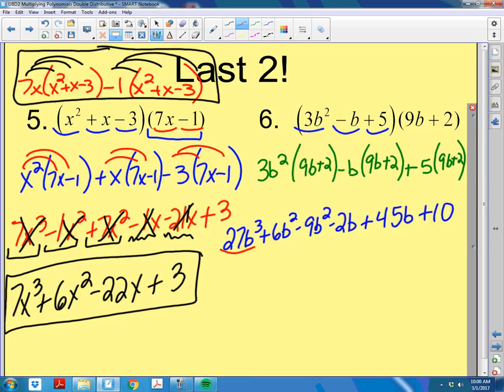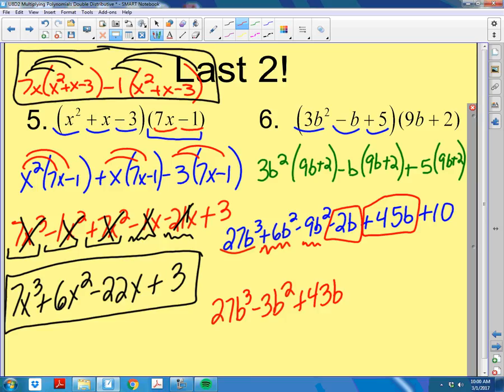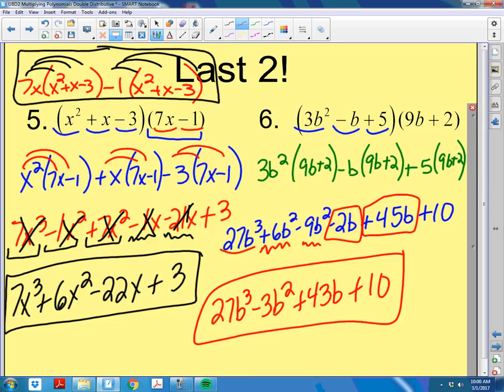So then we end up with a b cubed guy, the 27b cubed. We have 6b squared minus 3b squared, plus 43b plus 10, and that is your answer.